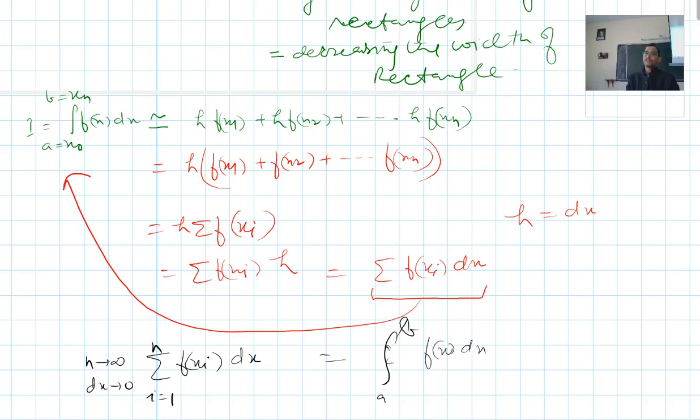Then there is no error. If I have an infinite number of rectangles and the width of each rectangle approaches 0, in that case this summation will become the integration. So this is the idea behind it, this is basically the idea of integration.